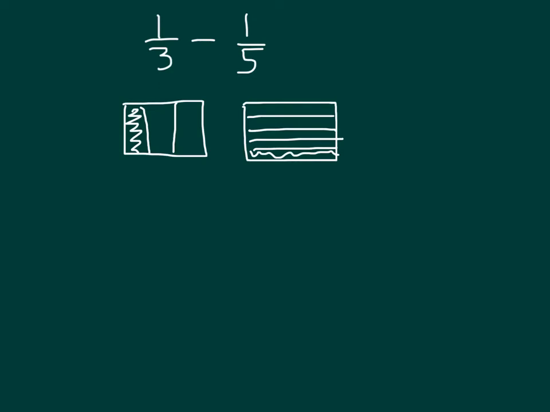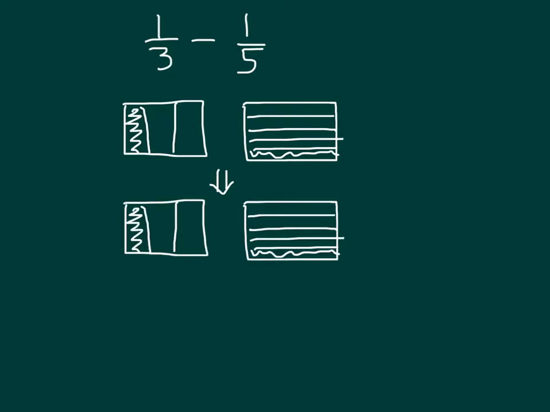Next, just the same as before, we need to have equivalent fractions for 1/3 and 1/5. Our denominators in this case are not the same. So let's work with those fractions, 1/3 and 1/5, to make equivalent units. Here I have copied them over.